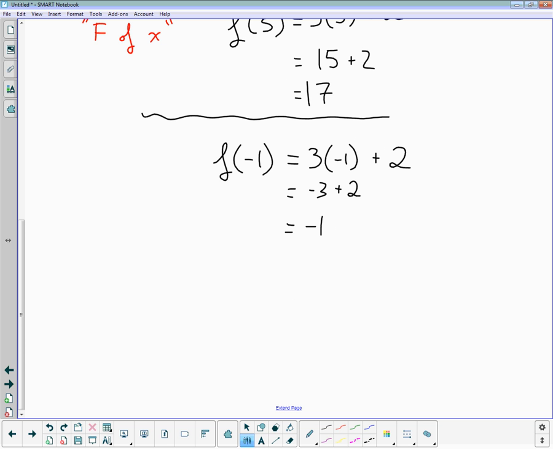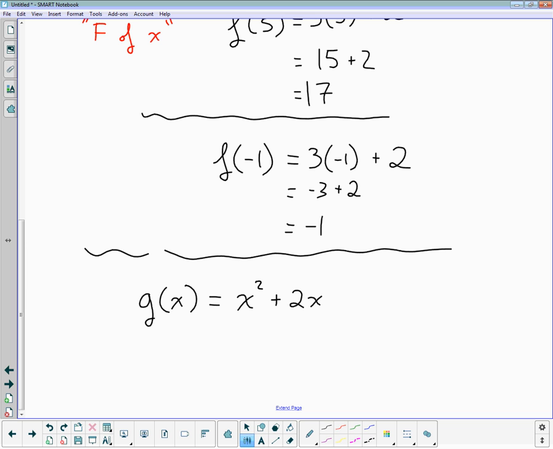Now, this is just one example. I could have different functions do all sorts of different things. I could have functions like this. See?